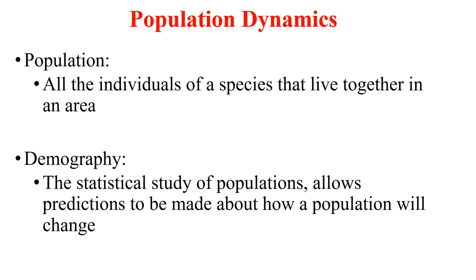For which we need individuals of a single species that occupy the same area, rely on the same resources, and are affected by the same environmental factors, as well as these individuals can interact and breed with each other.